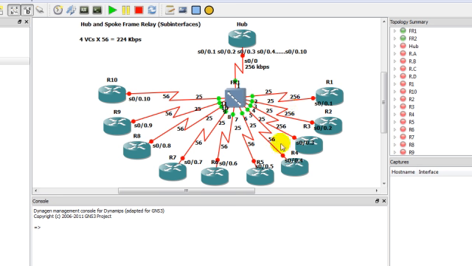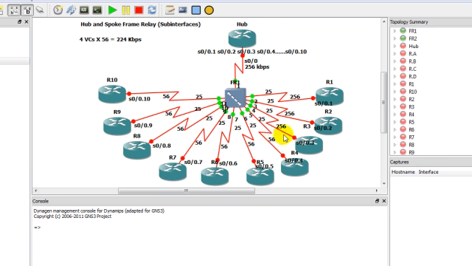In this case, I should use 56 multiplied by 4 virtual circuits.